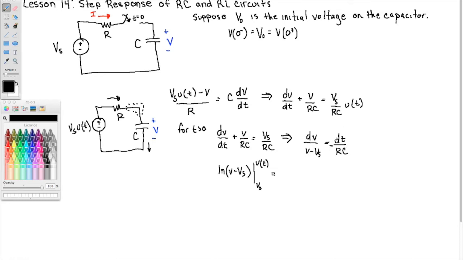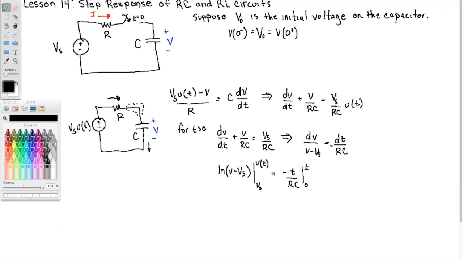When I integrate this, there's no t there, so this is just negative t over RC, and time goes from 0 to t, the current time. The switch happened at t equals 0, and then whatever time we're interested in now.